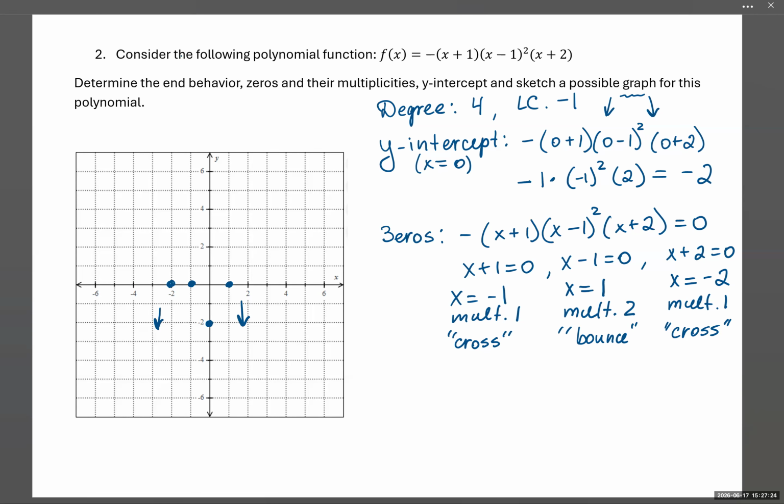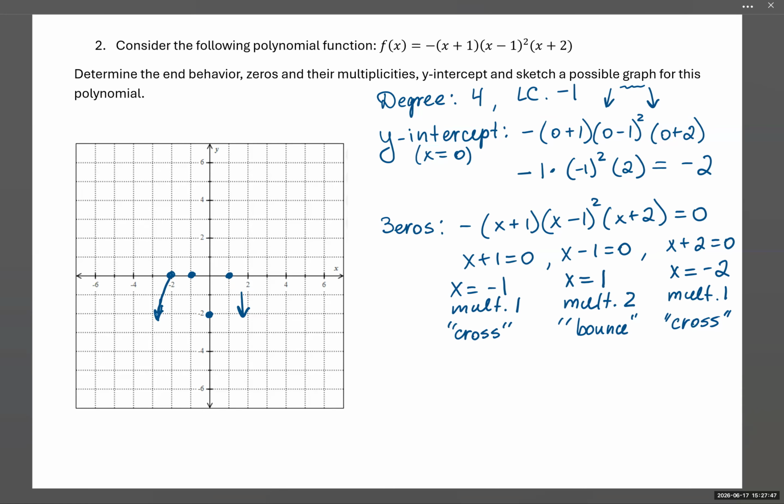Let's see if we can connect the dots. I will start at the left and go to the first 0 at negative 2. The graph should cross the x-axis, so we'll go ahead and cross.